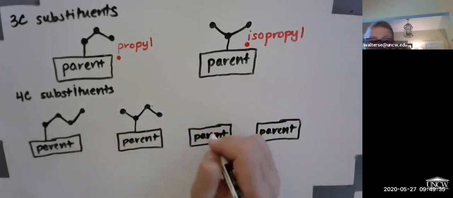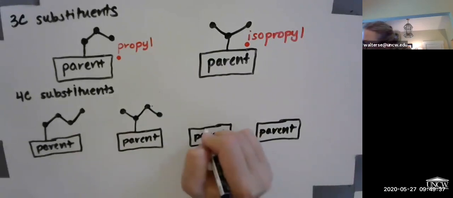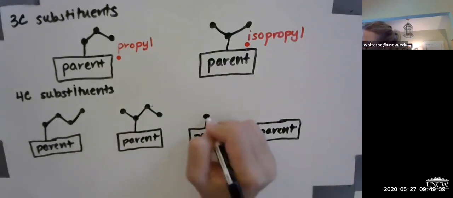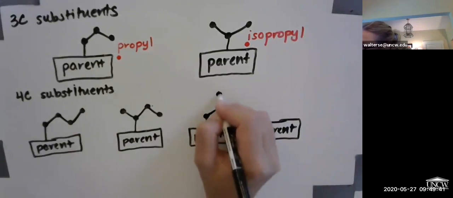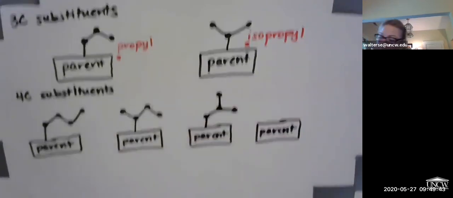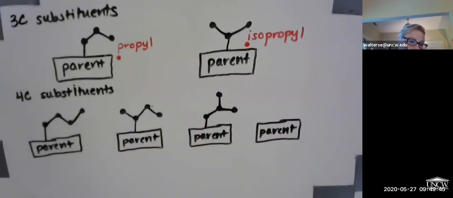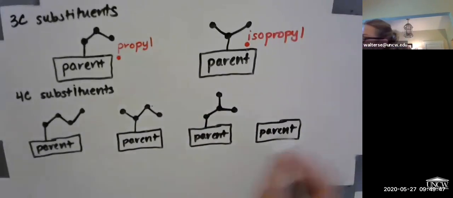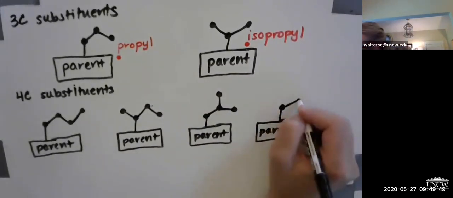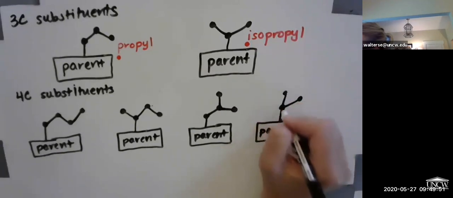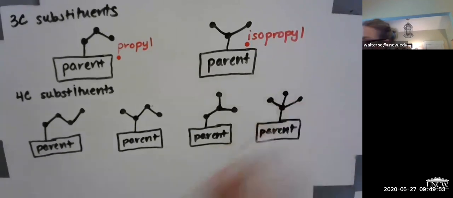One, 2, 3, 4. All right, and the last one, 1, 2, 3, 4. Okay, now these are flashcard things that you're just going to have to sort of learn, memorize.